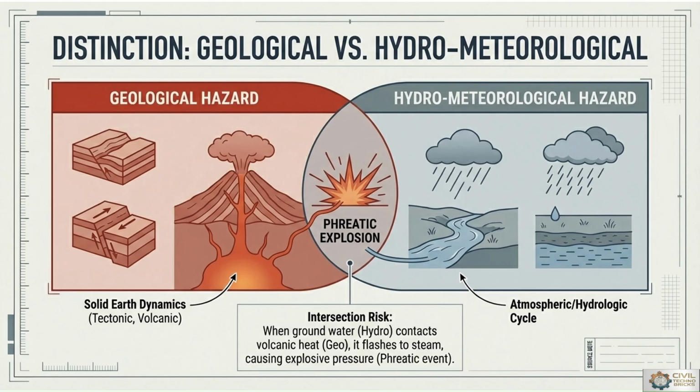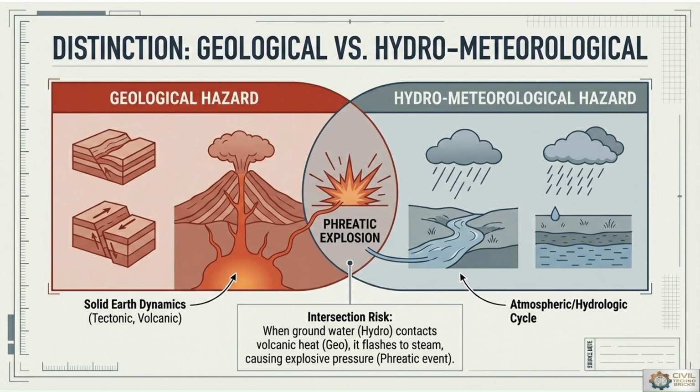Groundwater interaction with volcanic heat may create phreatic explosions. The water available inside the ground may be crucial for creating phreatic explosions. Rapid steam generation beneath the earth's crust creates explosive pressure beneath the ground surface.